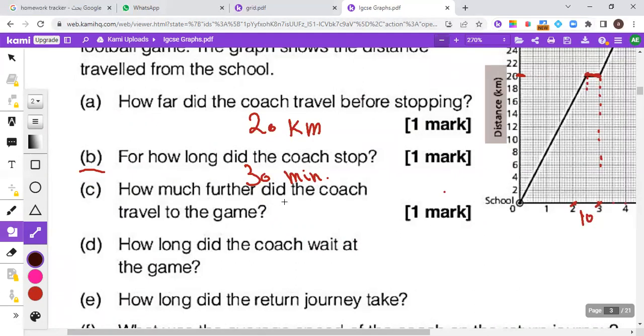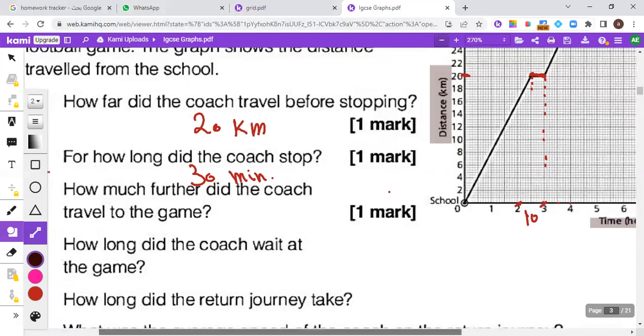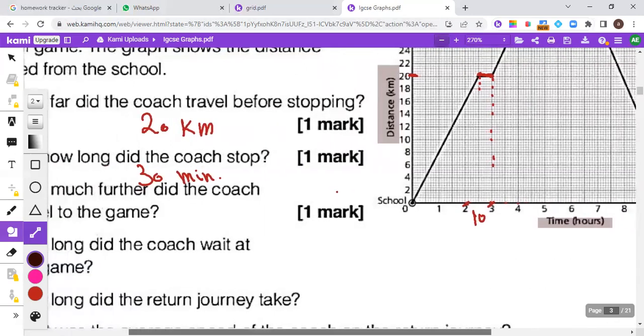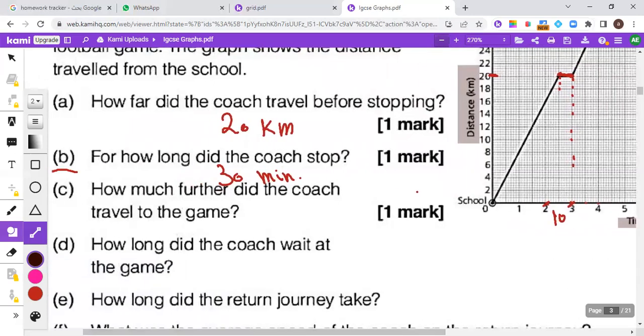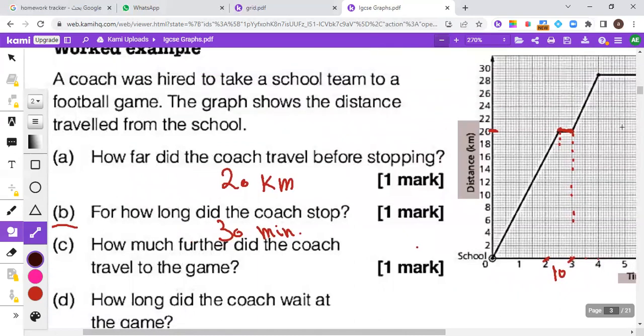How much further did the coach travel to the game? Yusuf, what is the distance from here to here?